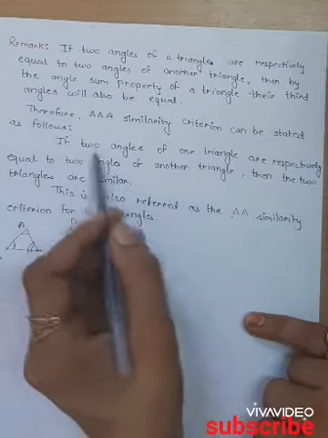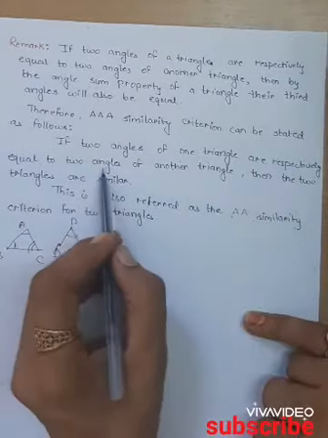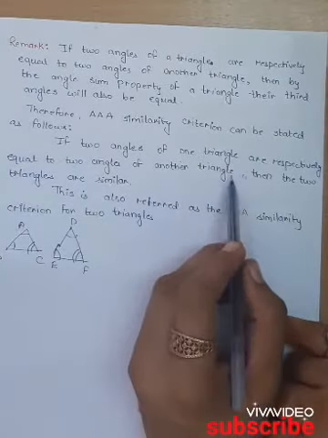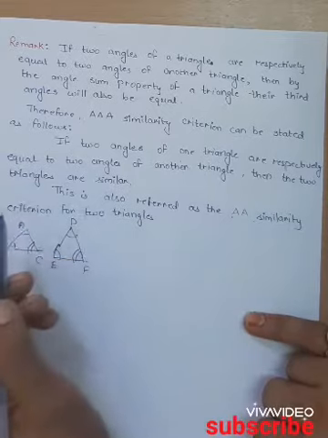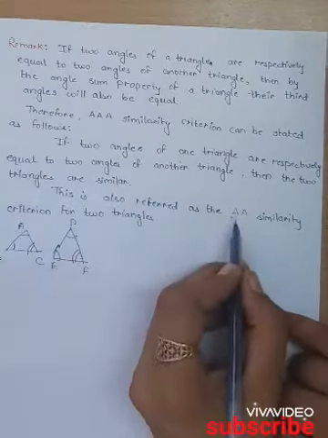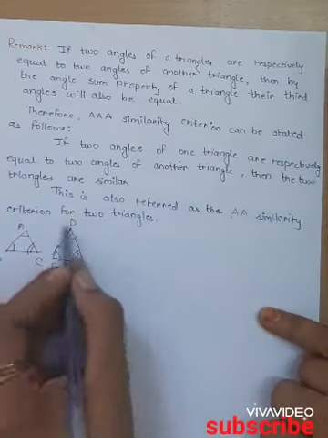If two angles of a triangle are respectively equal to two angles of another triangle, the two triangles must be similar, and this criterion is known as the AA similarity criterion.